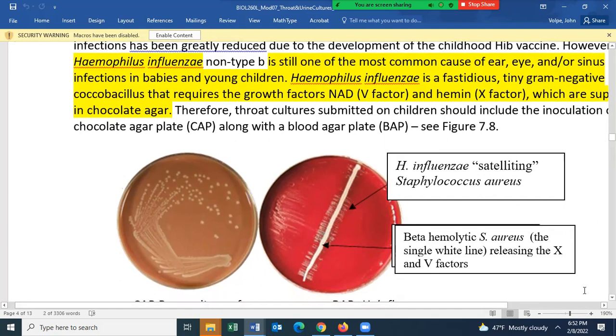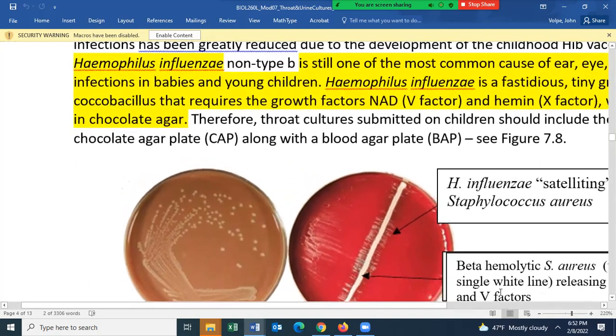And in this region here, let me blow that up a little bit more, you can see Haemophilus influenzae growing around the streak of Staphylococcus aureus. And that's because the Staphylococcus aureus has lysed the blood cells in this region, releasing the nutrients from the blood. And now Haemophilus influenzae can grow in this region. But you'll notice Haemophilus influenzae is not growing in this region of the plate. And that's because it's too far away from the Staphylococcus aureus.